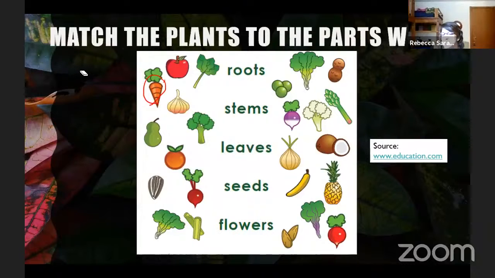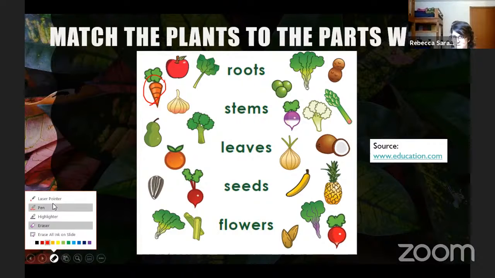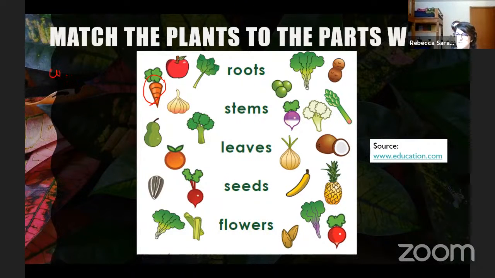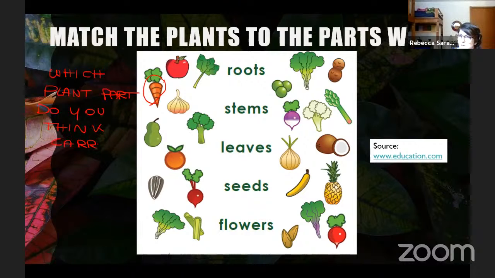Okay, let's do it even simpler like this. Okay, this is an example. In this case, it's carrots, but you can use any other example, basically. So this is an example of how to ask about which part of the plant the other person thinks it is.